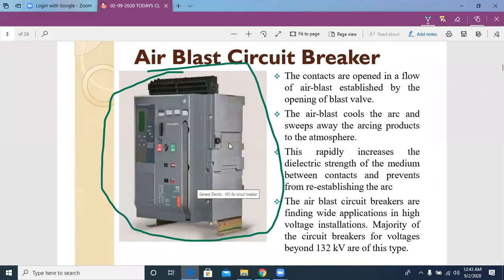When the electrons move away from the contacts, automatically the dielectric strength of the medium placed between the contacts of a circuit breaker is increased. When the dielectric strength is increased, automatically the arc is extinguished, the arc is vanished. This is the process going on in air blast circuit breaker when the contacts are open. That means this is the process of arc extinguishing in air blast circuit breaker.